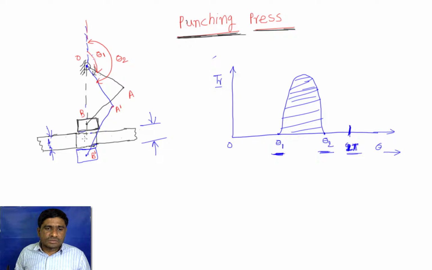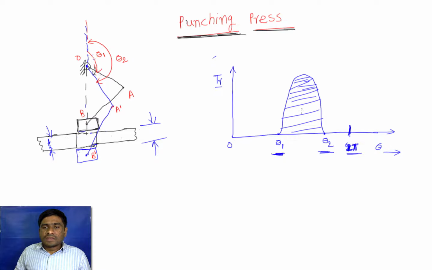That means it starts making a hole in that plate, and by the time the crankshaft reaches theta 2, it completes the hole. So the resisting torque becomes 0 when the hole is completed.